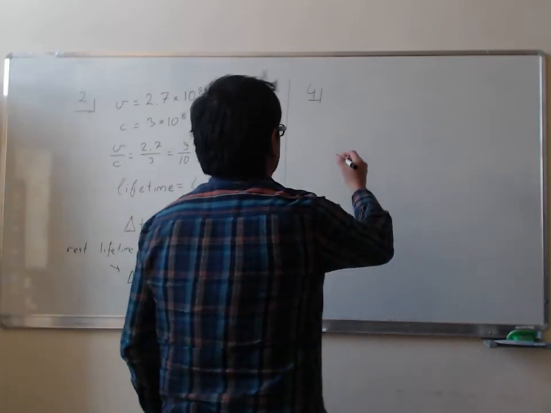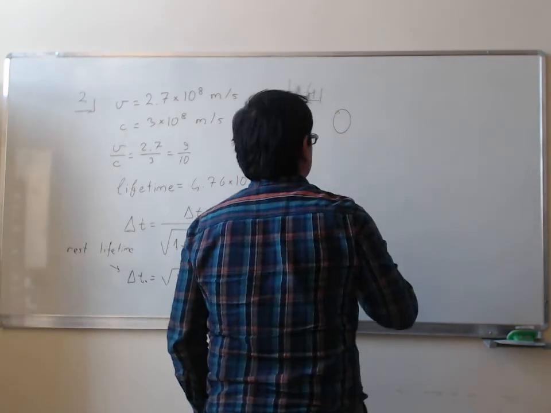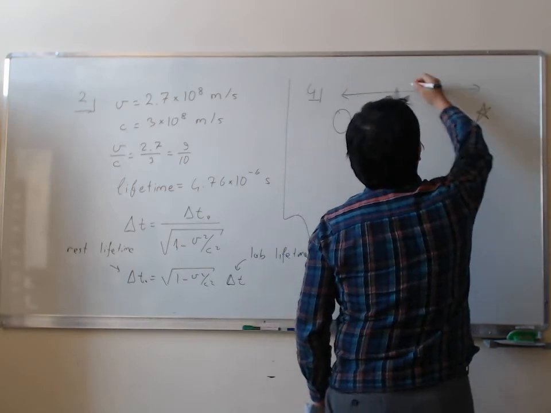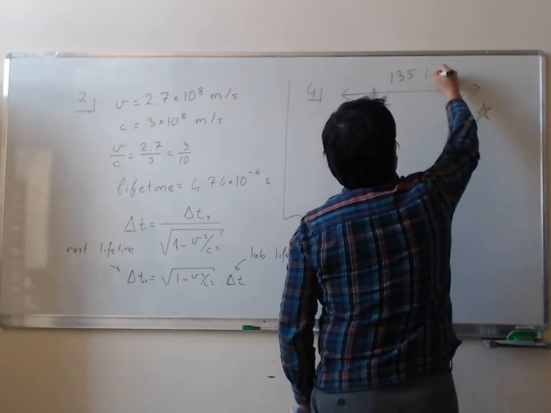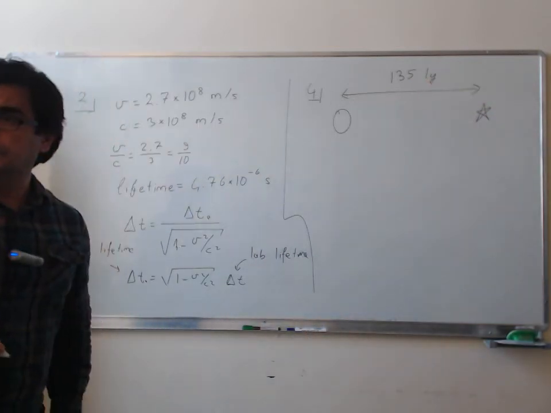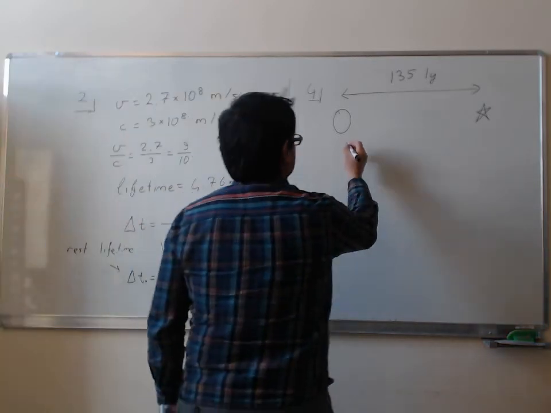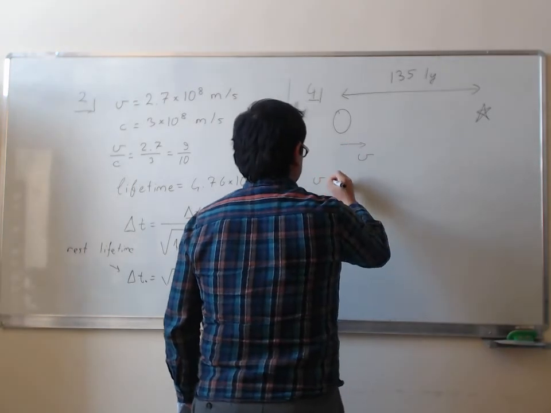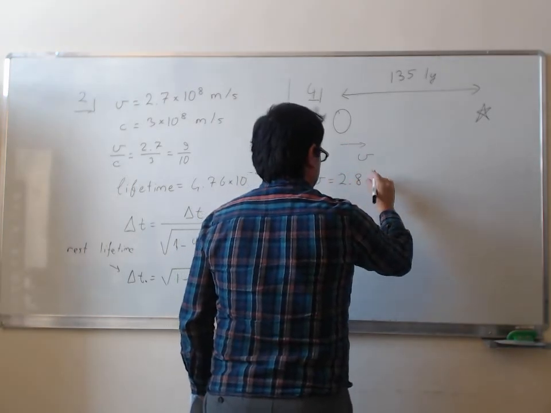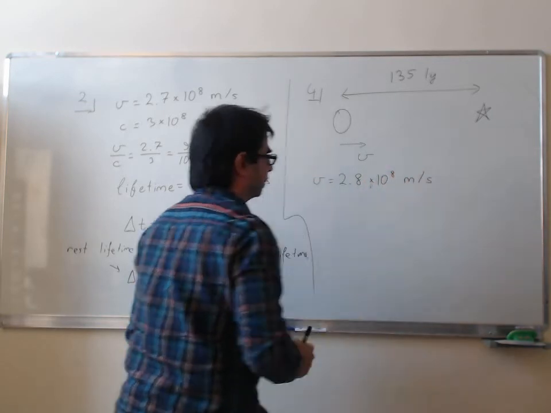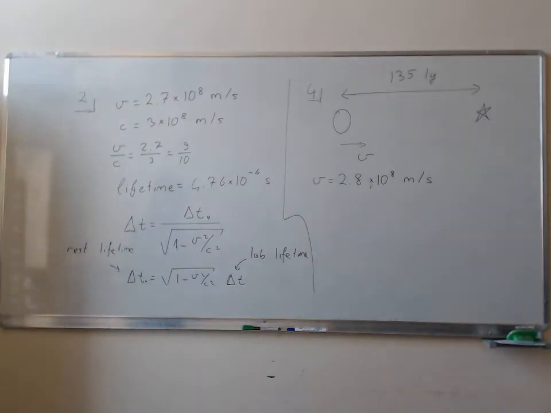So we are at Earth, and there's a star that is 135 light years away, and your speed is 2.8 times 10 to the 8 meters per second. So we are trying to go to the star with some speed, again a considerable fraction of the speed of light. What would you measure this distance to be?